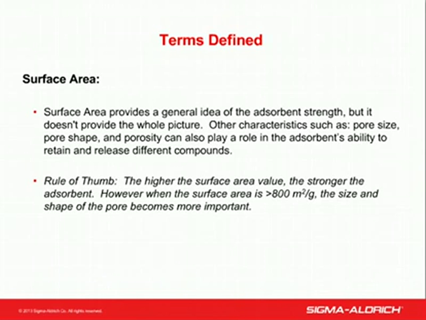The surface area is a measure of the exposed surface of an adsorbent on a molecular scale. And another generalized rule is that adsorbents with surface areas less than 200 meters squared per gram are good to trap and release compounds that are a liquid at room temperature. And those with a surface area greater than 500 are good to trap and release compounds that are a gas at room temperature. But of course, there are always some exceptions to these rules.